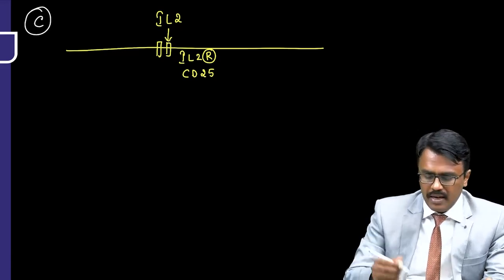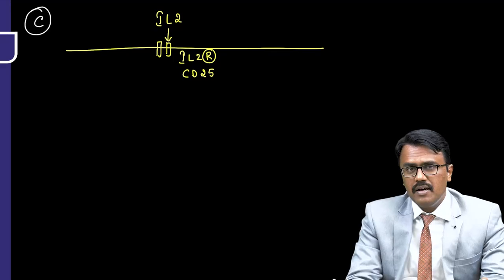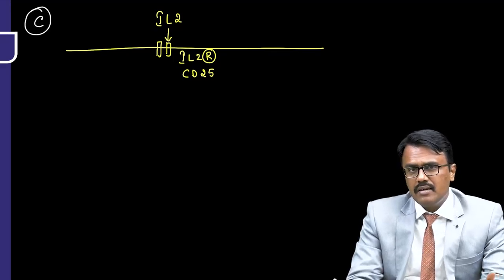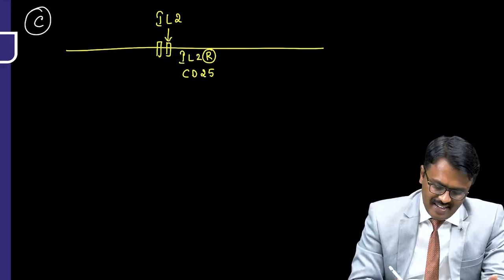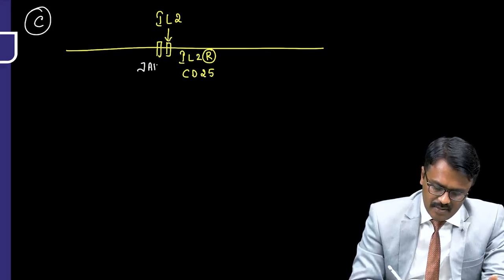Can you just revise the general pharma? Interleukins act on which type of receptor? Is it tyrosine kinase or JAK-STAT? Yes, you are right. They are the JAK-STAT pathways. So they activate the JAK.